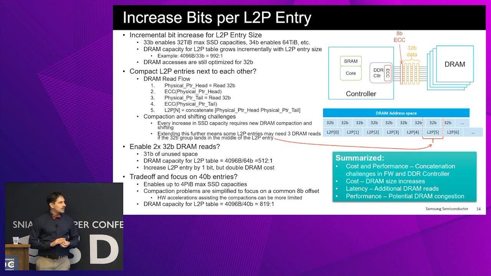It ends up being that this increased bits per L2P entry is going to hit us on cost and performance. There's going to be a cost of the DRAM size increasing. And of course, there's going to be latency increases with each DRAM read back and forth for each of the pointers. And that is, of course, increasing the DRAM traffic.